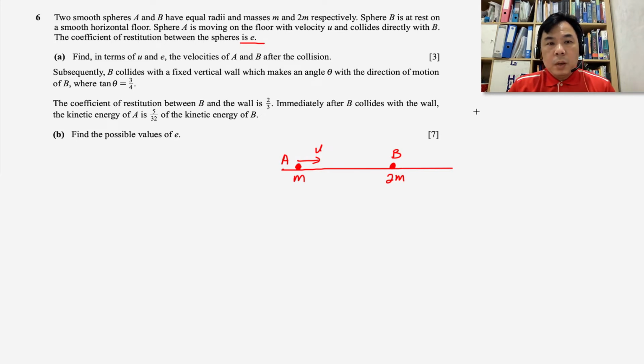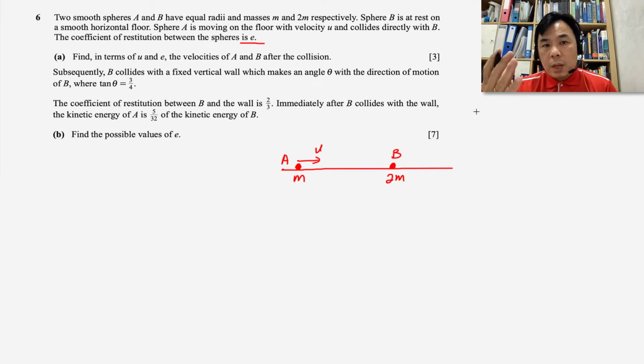Now there are two things we need to remember when it comes to questions related to momentum or collision. The first is conservation of momentum. Conservation of momentum states that the total momentum of an isolated system remains constant. By that, it means the total momentum before collision must be the same as the total momentum after collision.